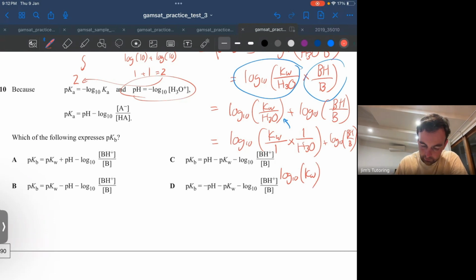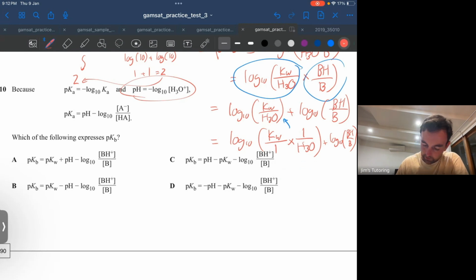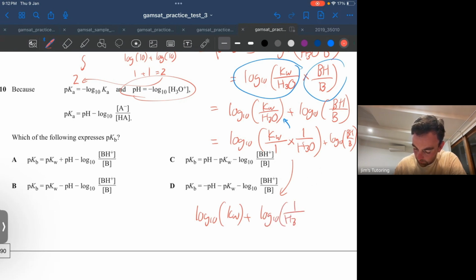I might actually move down to the bottom here, because I'm running out of space. It's a very messy question. So I'm separating this because I've got two products: log 10 of KW plus log 10 of 1 over H3O plus log 10 of BH over B.